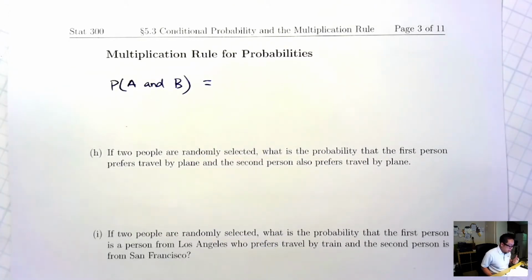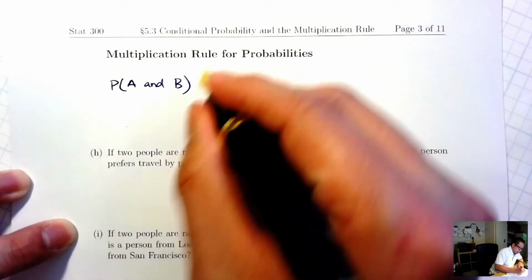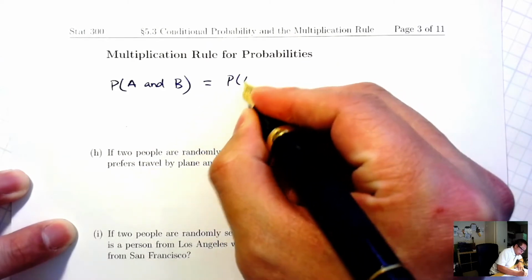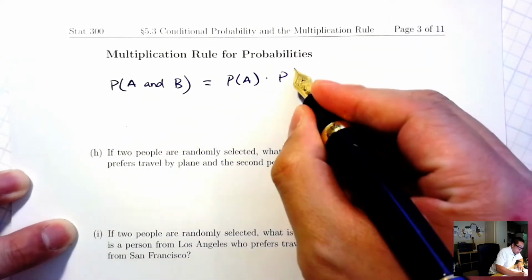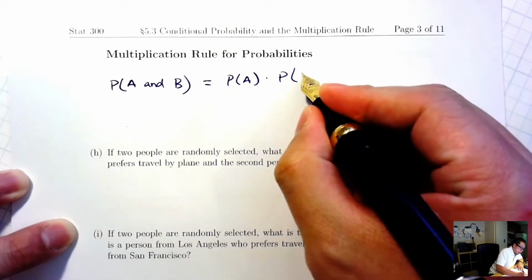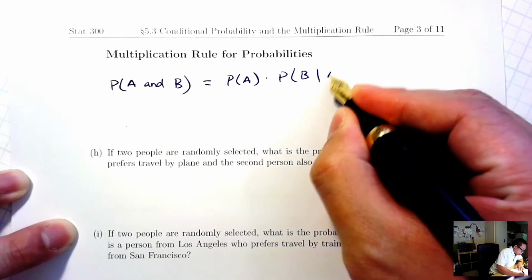It's not quite probability of A times probability of B, but it's close. To find probability of A and B, it's going to be probability of A times probability of not just B, but probability of B given that you know A already occurred.